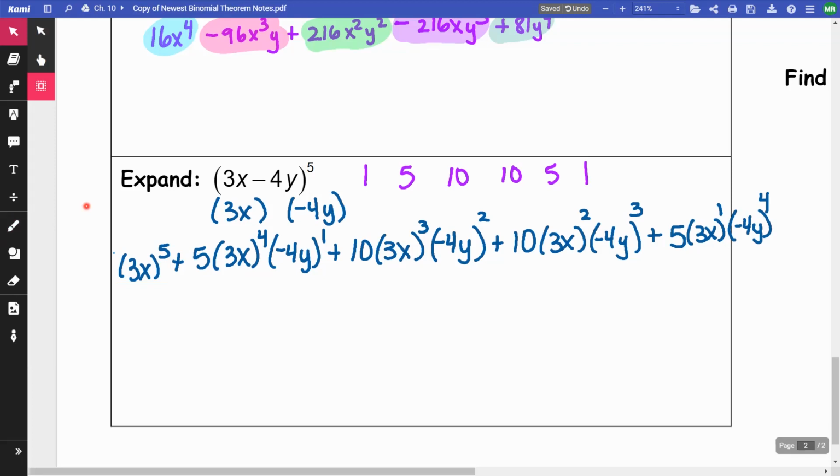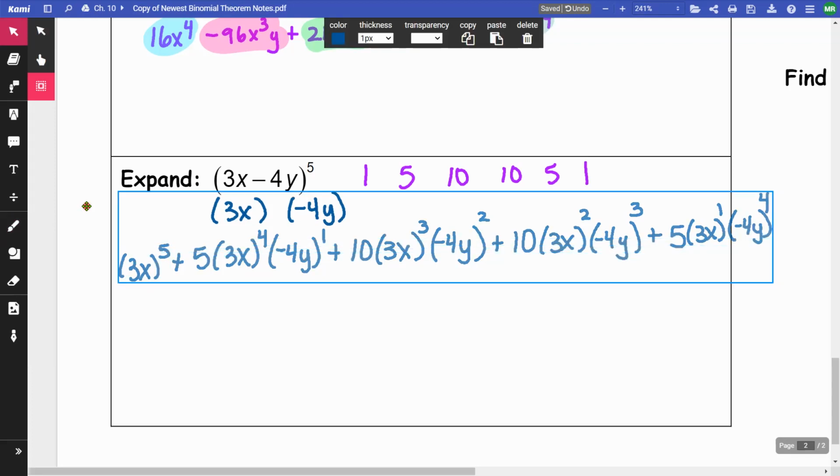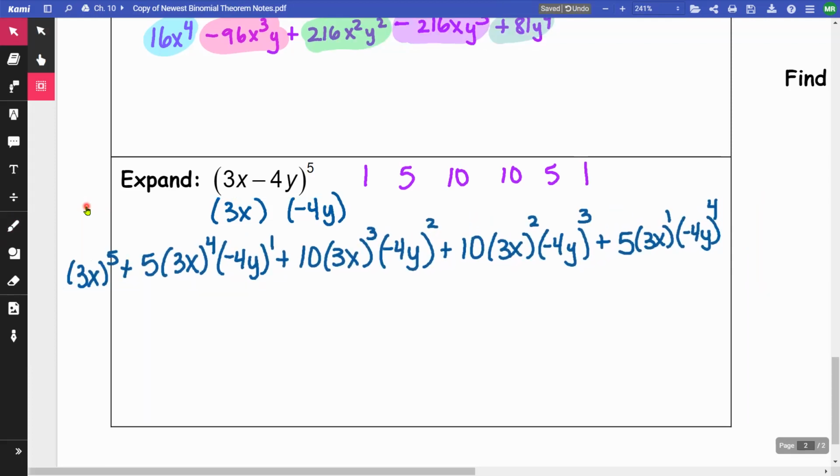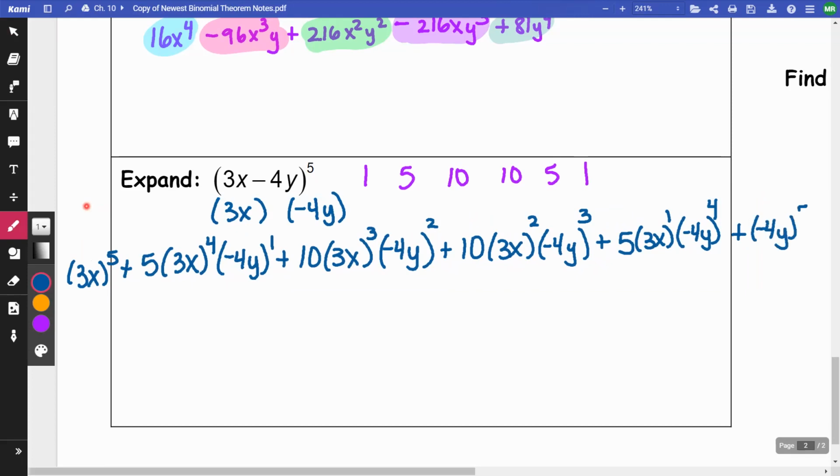Now, the next one, move it over a little bit, is my 1, and that's going to be my negative 4y to the fifth.